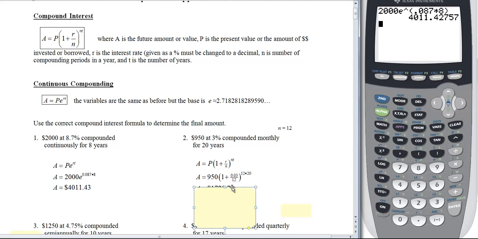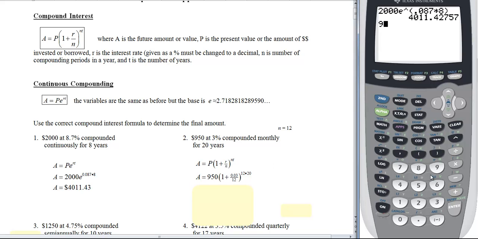So this is where I need to put the appropriate values. This whole thing can be done via a calculator. Let me type in 950, parentheses, 1 plus 0.03 divided by 12. I do not need a parentheses around this because your calculator understands order of operations. Now, my exponent, this is where you have to be careful. If you don't multiply it out, you have to have parentheses: 12 times 20.